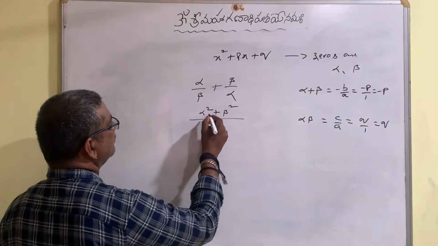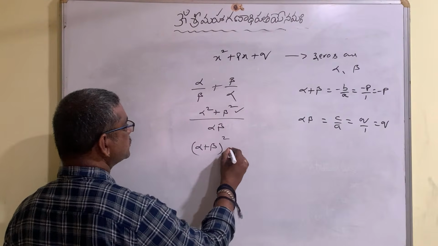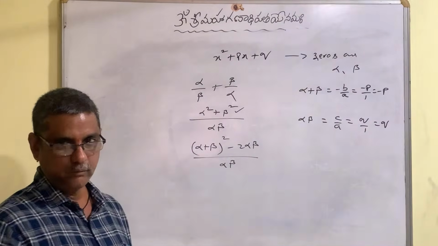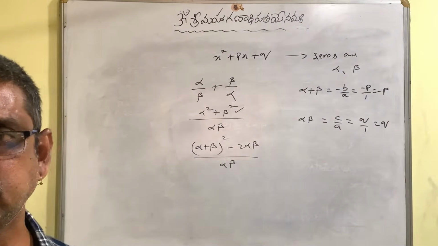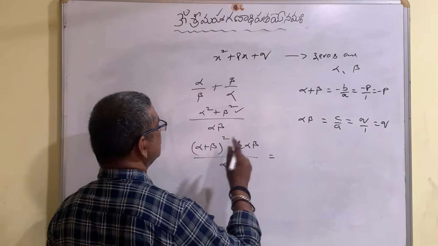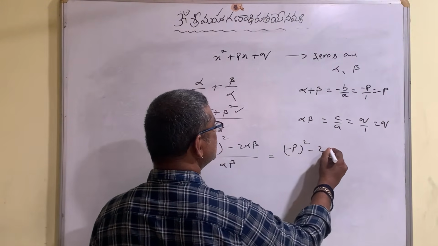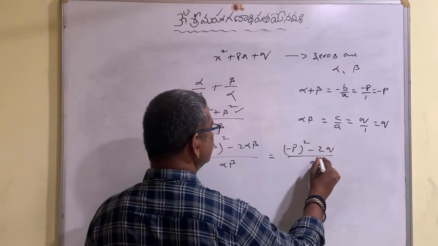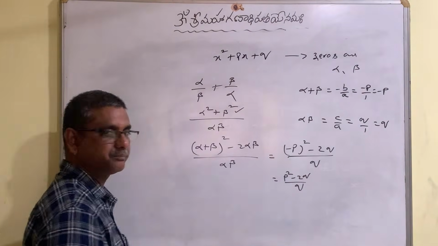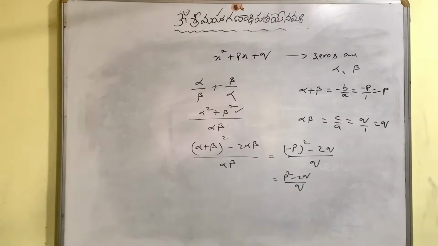Now again, alpha square plus beta square we can write as alpha plus beta whole square minus 2 alpha beta, all by alpha beta. Now alpha plus beta is minus p, whole square, minus 2 into q, by q. So the answer will be p square minus 2q by q.